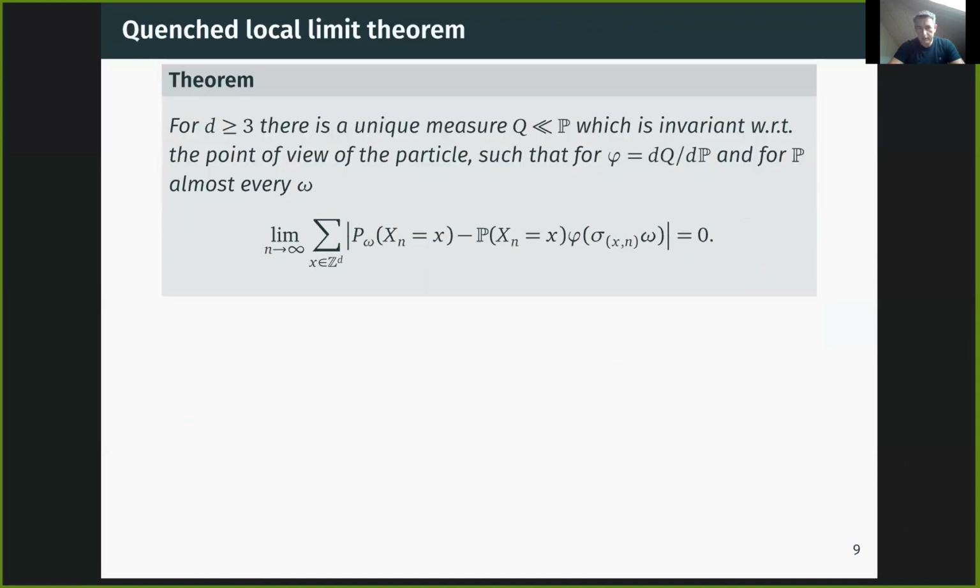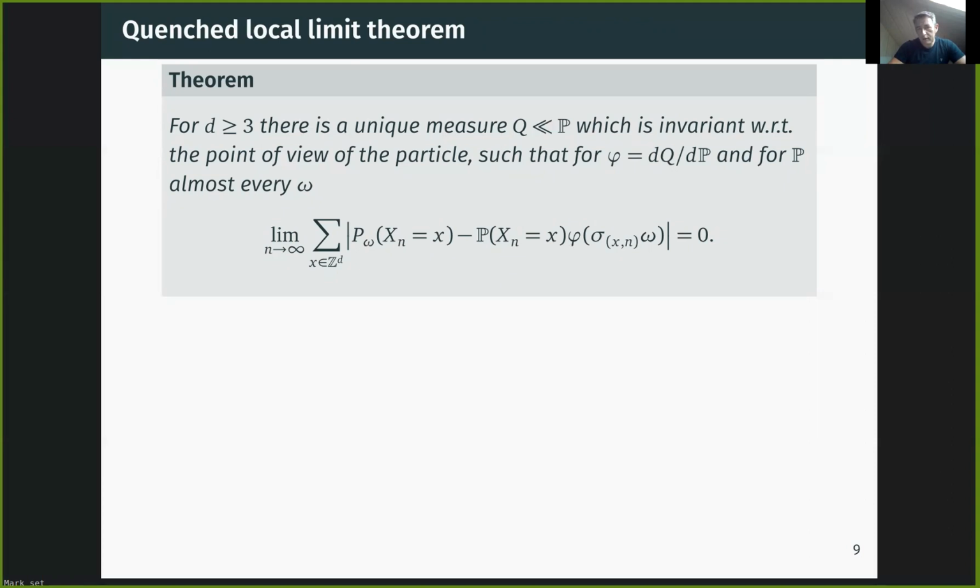And the main result is the quenched local limit theorem. Here we also need the 3 spatial dimensions and the time dimension. And then there is a unique measure Q, which is absolutely continuous with respect to P, and invariant with respect to the point of view of the particle.